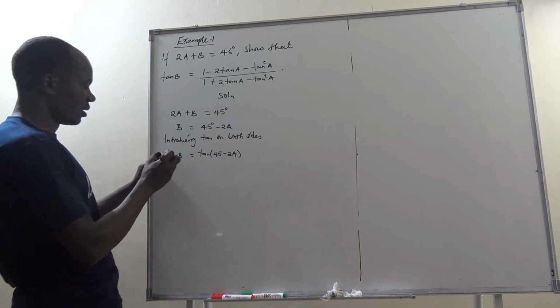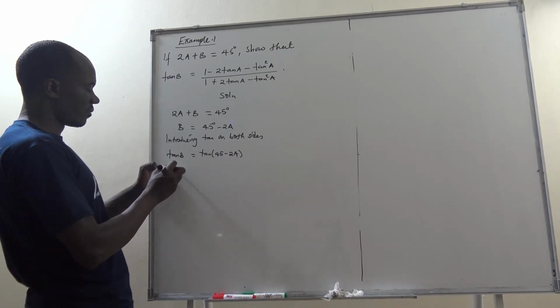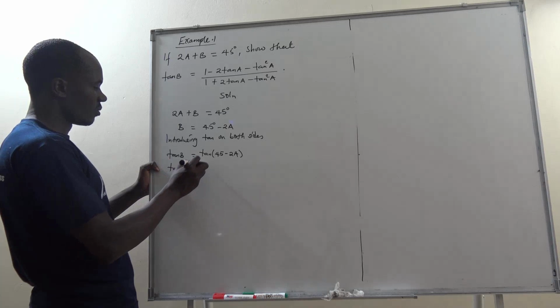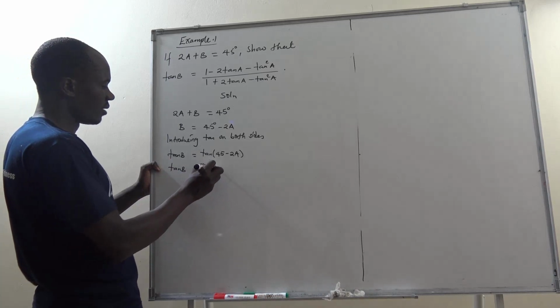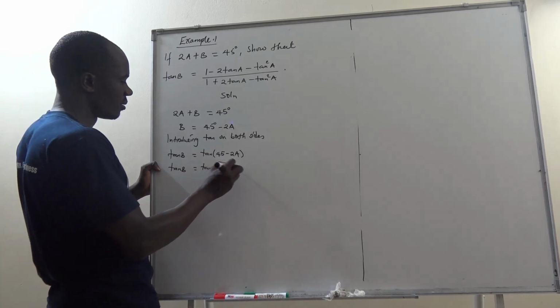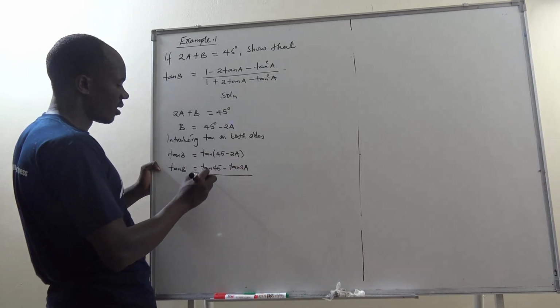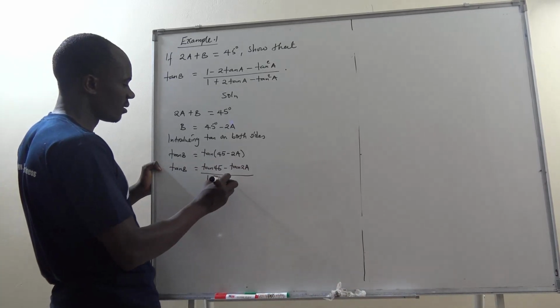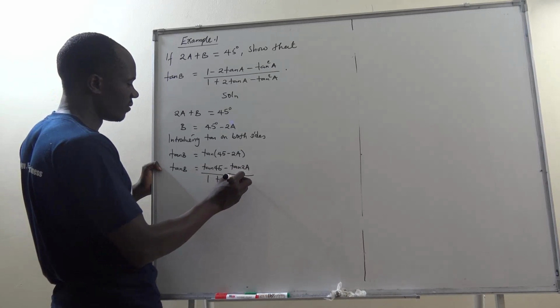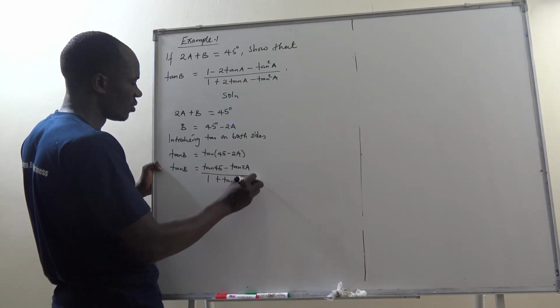So can we open the brackets? We have got tan B equals (tan 45 minus tan 2A) all over (1 plus tan 45 tan 2A).